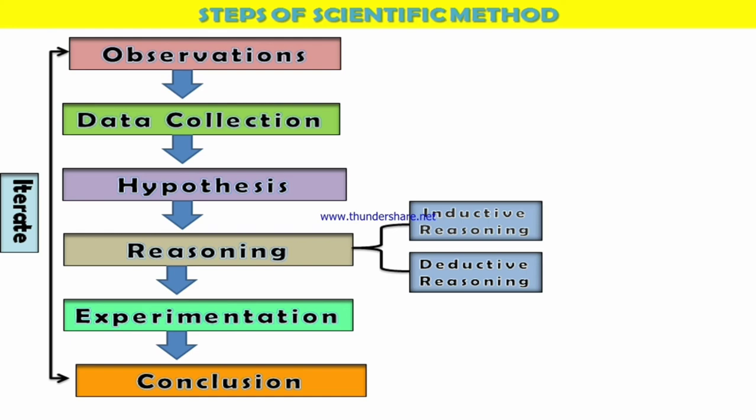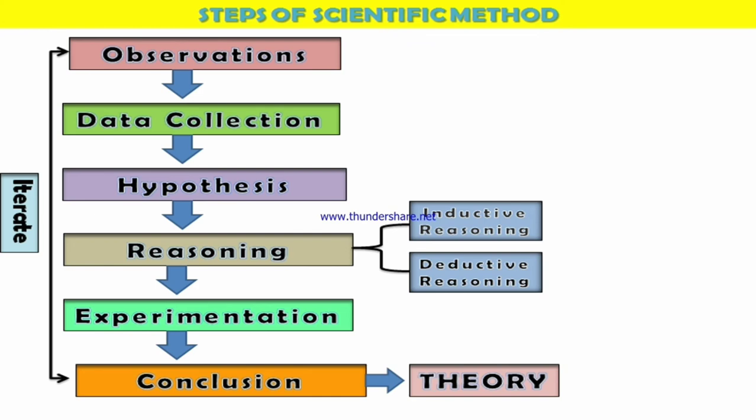It means the refining of a new hypothesis if your hypothesis is considered wrong, or if your experiment or result doesn't support your hypothesis, and then you have to refine your hypothesis. This refining or reconstruction of the hypothesis is called iteration. So we call this iterate.